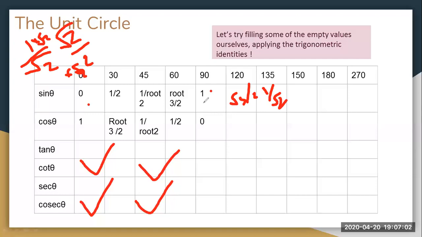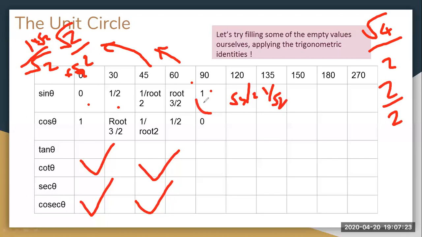This is root 1 by 2, and root 1 is the same as 1. This would be root 2 by 2, this would be root 3 by 2, and then 4 and 1. This is root 4 by 2. Root 4 is 2, and 2 over 2 is 1. So this is a very nice way of remembering this stuff.